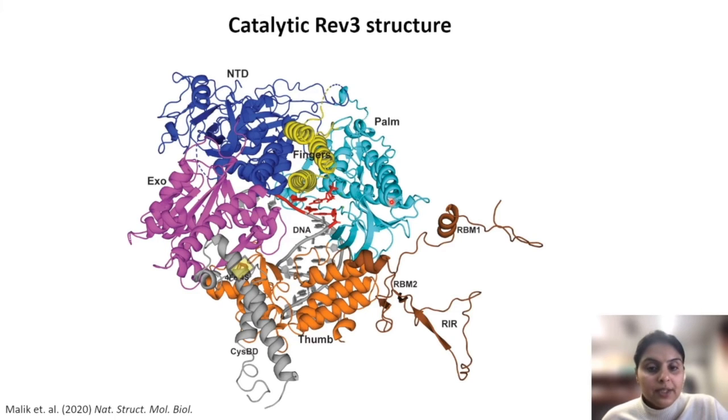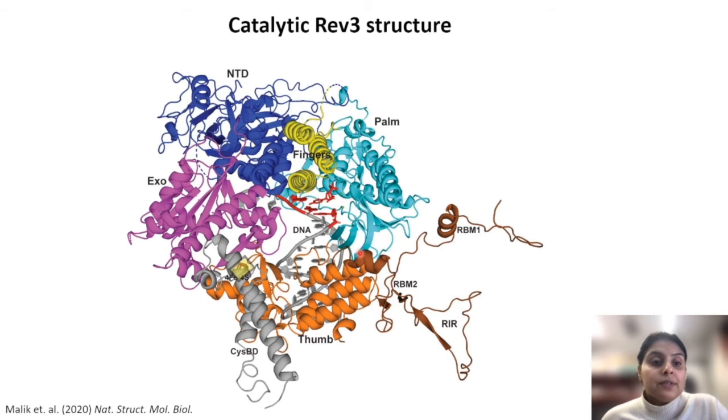However, there are some key differences. There is this N-terminal domain, palm domain, as well as the fingers domain, which are much more elaborate in Pol zeta in comparison to the other B family polymerases. There is this unique RIR, Rev7 interacting domain, which is not present in other B family polymerases. Conversely, the CTD is seen in almost all of the B family polymerases.